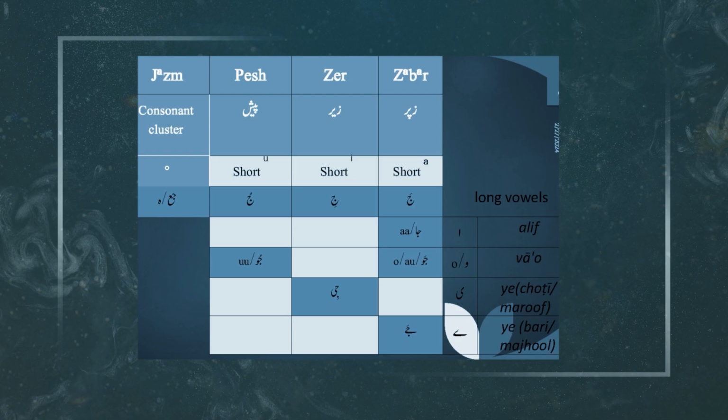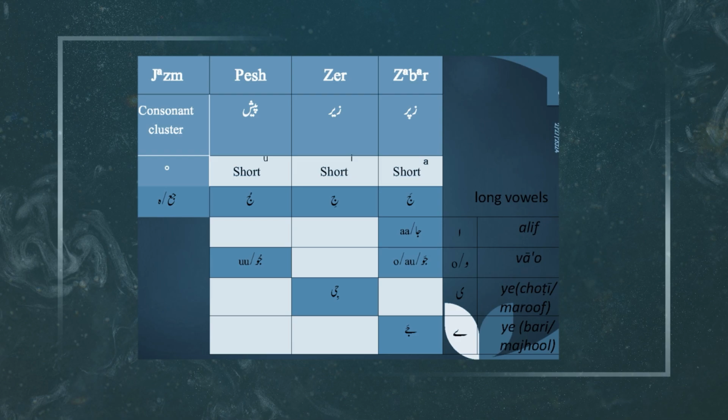With Alif preceded by Zabar, it will sound like Ja. With Vav preceded by Zabar, it will sound like Jaw. And with Vav preceded by Pesh, it will sound like Ju.